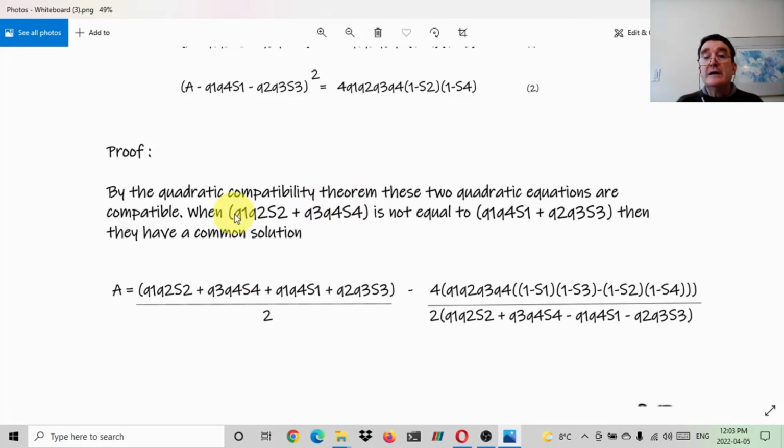And if these two quantities are equal, then the two quadratic equations are equivalent. It's the same equation, and there are up to two solutions in that case. Okay, so that was my discovery of the quadrea of the projective quadrangle in universal hyperbolic geometry.